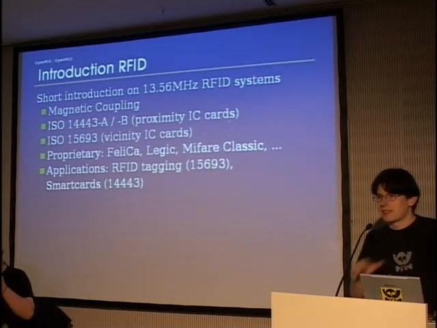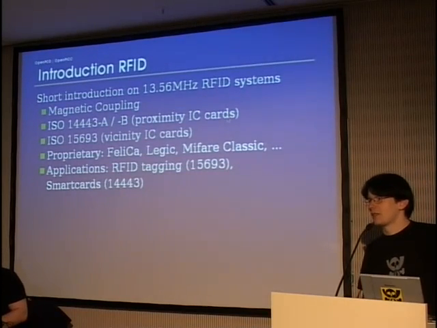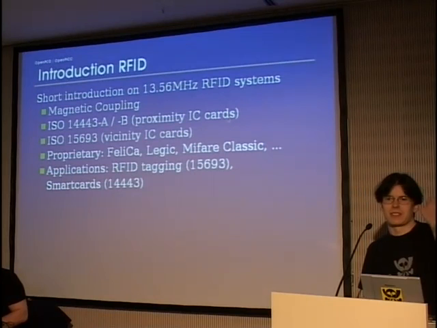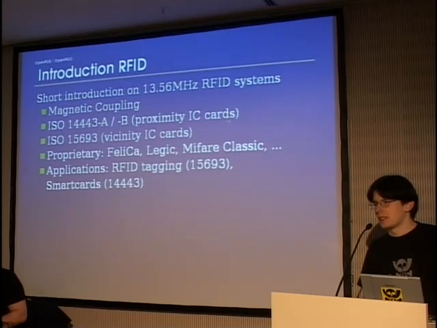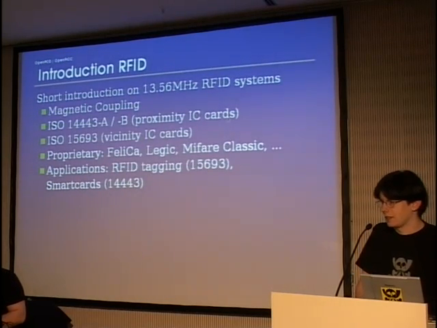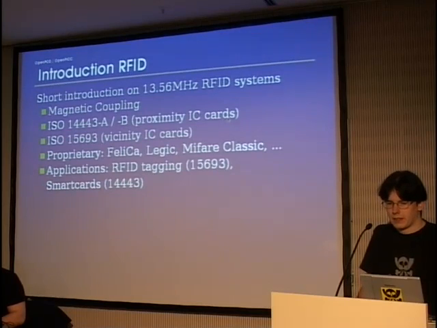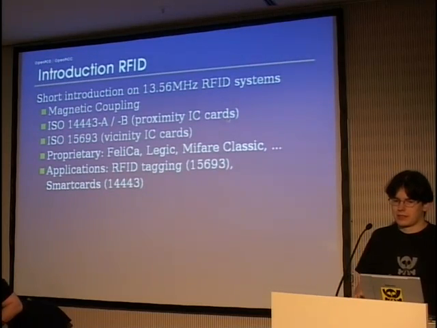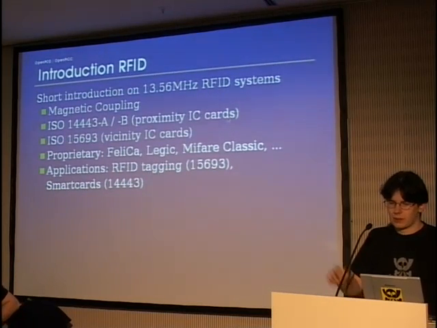Okay, so I'm going to keep this very quick. There have been a number of RFID-related presentations, and I think most of the basics have been covered by now. What we are talking about in this presentation is 13.56 megahertz RFID systems. One of the fundamental characteristics of these systems is that they are magnetically coupled. Basically, the tag and the reader form a sort of more or less open transformer between each other.